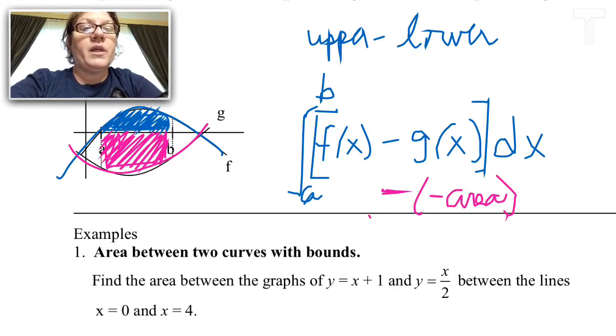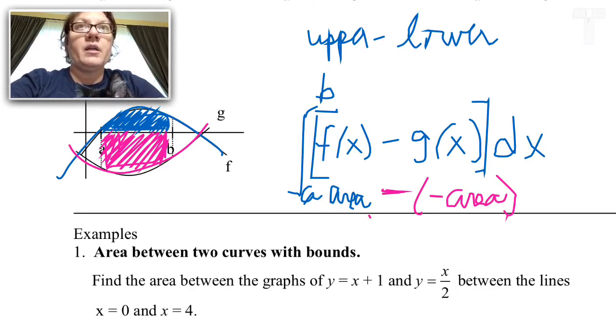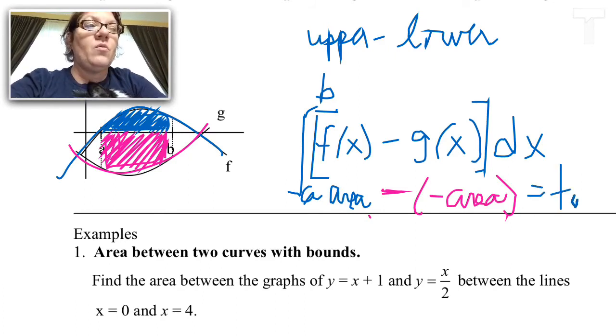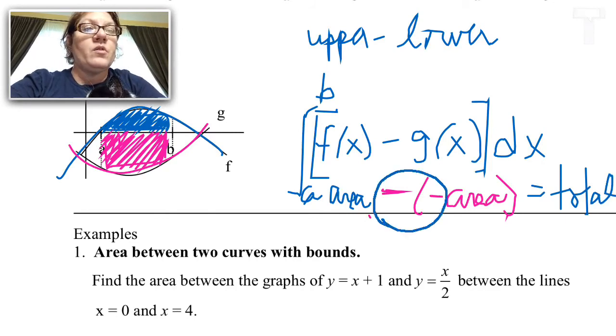And so then it should make sense that if I take the area that's in blue and I subtract the area as calculated by integration that's in pink, that it is in fact going to give me the total because it's subtracting a negative, which means it'll take the blue area and then add the pink area.